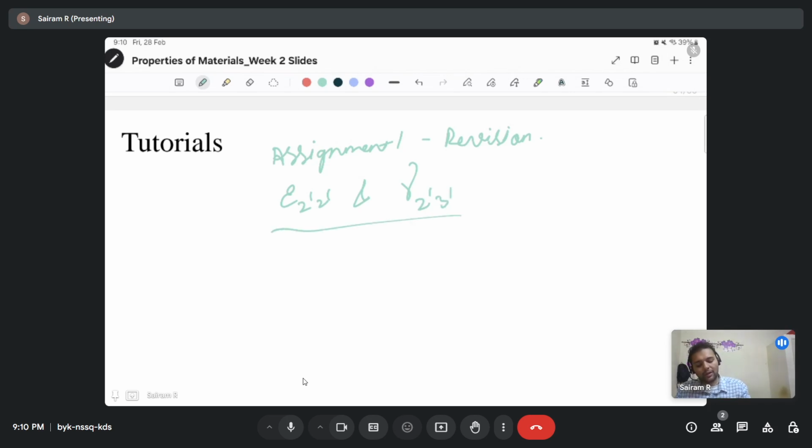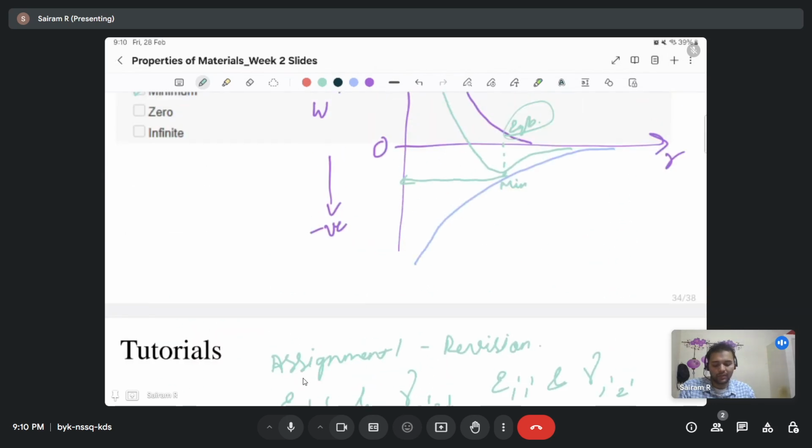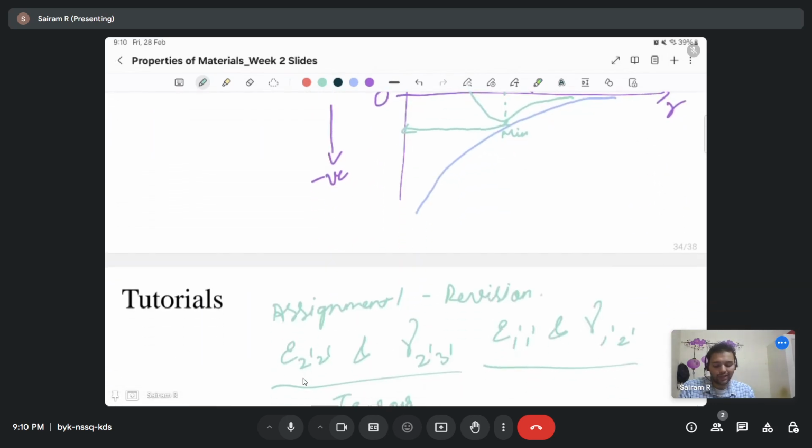If we are able to understand these two along with epsilon 1 prime and gamma 1 prime 2 prime, we should be very well versed in writing the tensor notation of strains. We also went through the week 2 class notes of atomistic theory of elasticity, and solved some problems from the second week's tutorial as well.